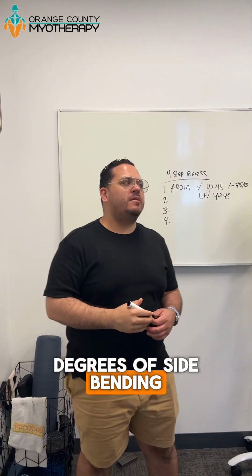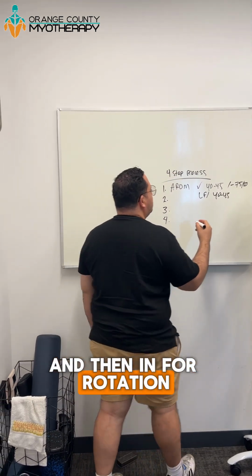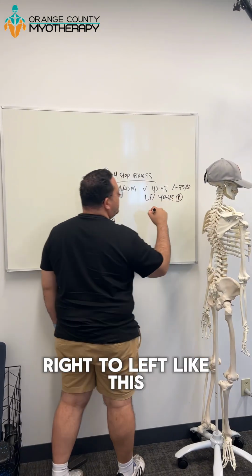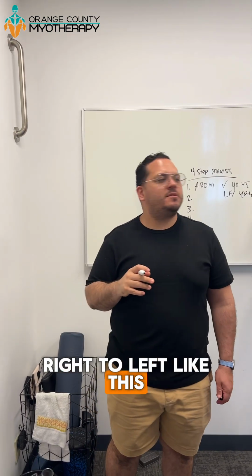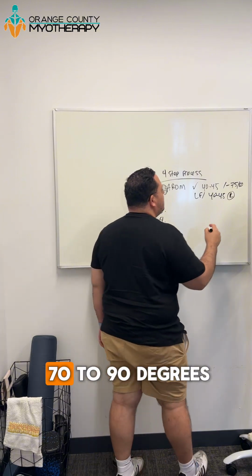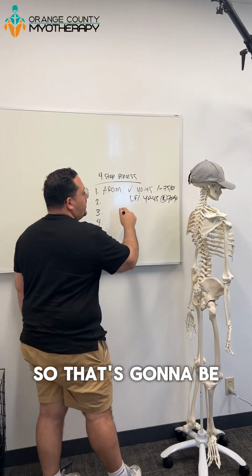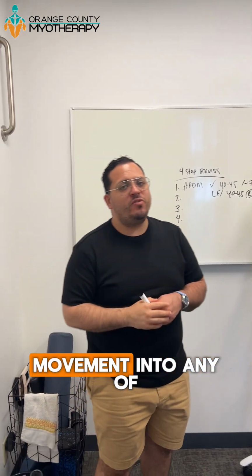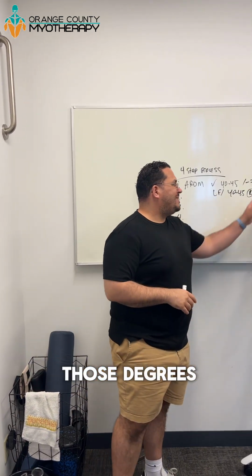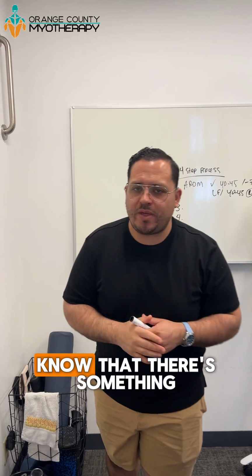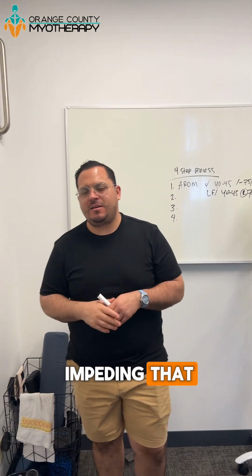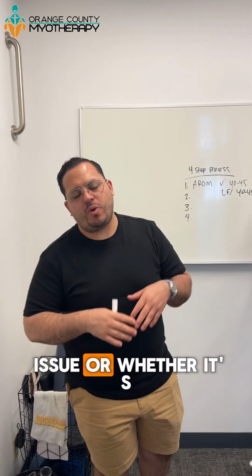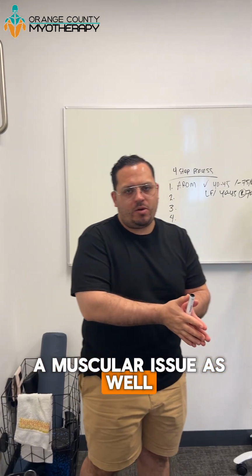And for rotation, looking over your shoulder right to left, they want about 70 to 90 degrees. So that's going to be your reference point. If they're lacking movement in any of those degrees, that lets you know something is impeding it, whether it's a joint issue or a muscular issue.